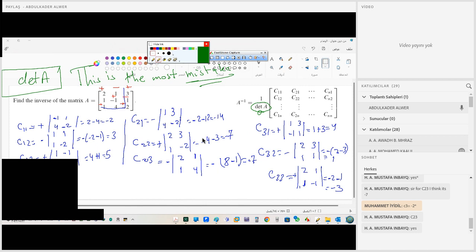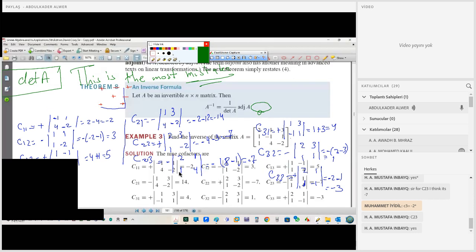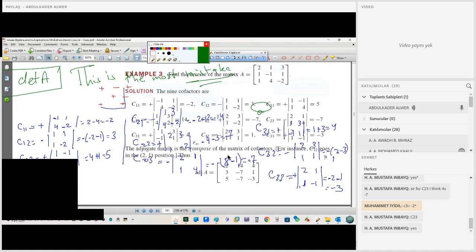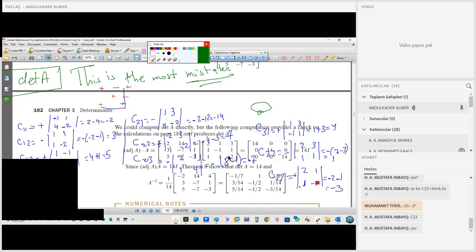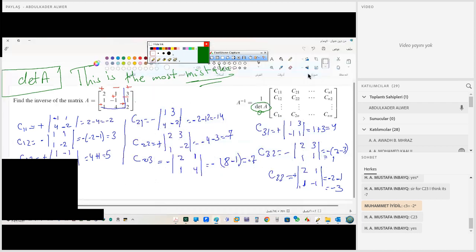So before starting, determine the determinant before calculating cofactors. C11, this is called cofactor. Take care about the determinant. Okay, now what is that? In our book, they calculated for us, I guess, the determinant was 14. That det A is 14, calculated. Now it's 1 over 14.